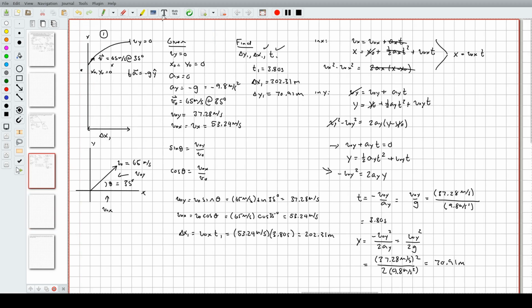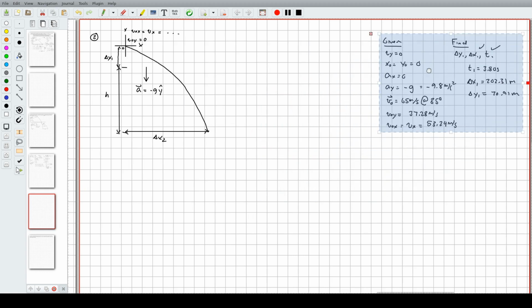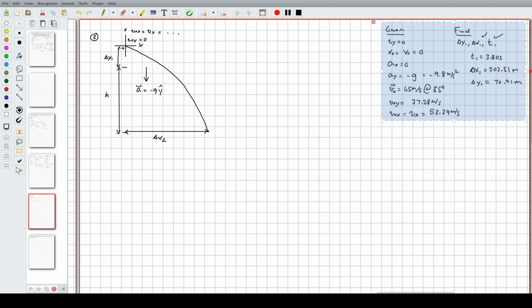And I'm also going to snag the stuff that I was given and found over here. So let me do that. Let's copy that and then paste that here as well, just to remember that this came from part 1.